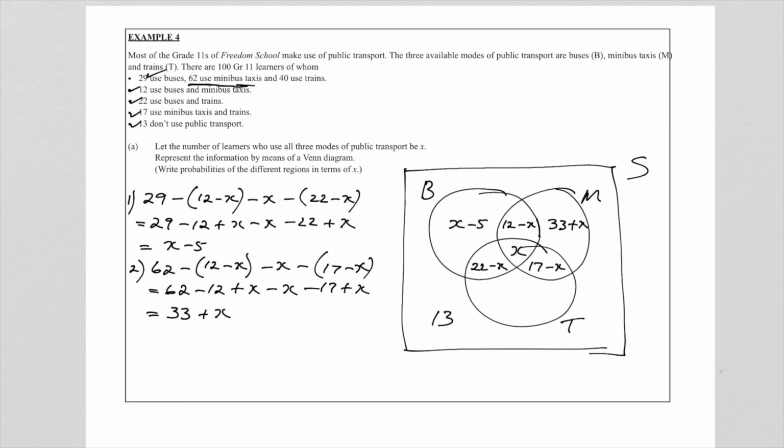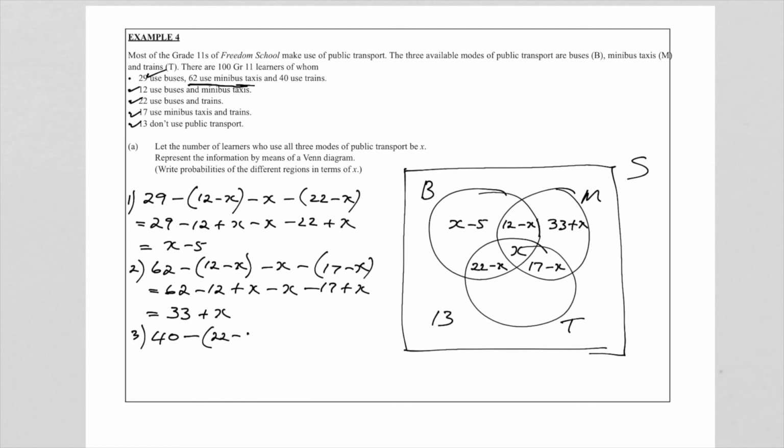So now we've got only one part left here, and that is now the part where we are looking at the trains, the 40 trains. So we're going to say that 40 minus 22 minus x, minus 17 minus x. So that is then the 40 trains in total.